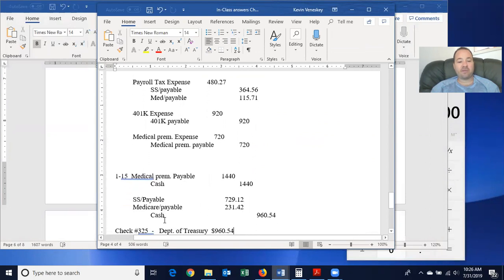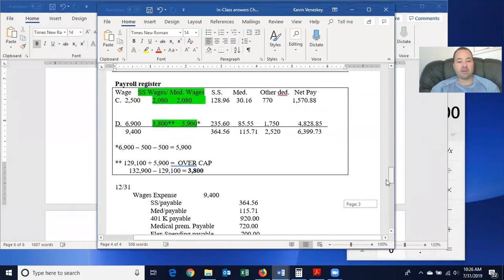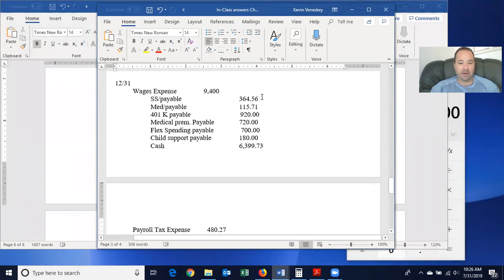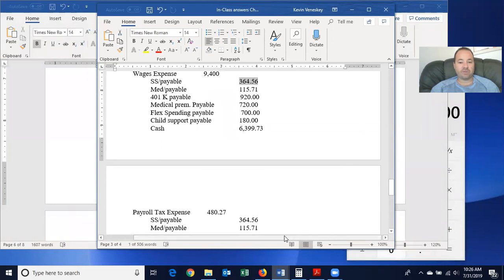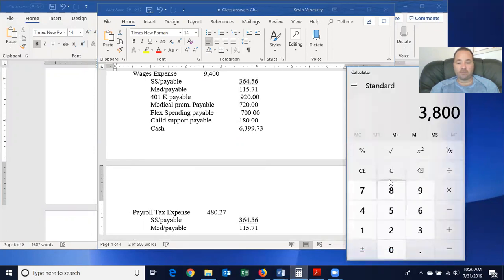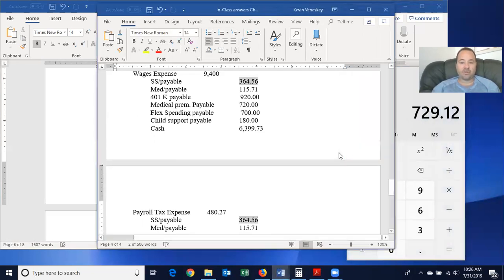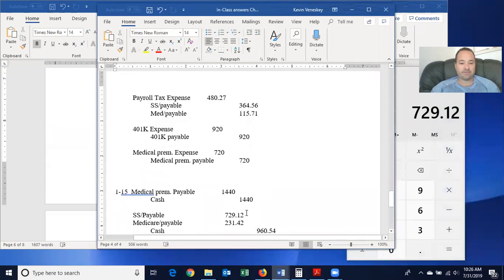And I'm going to do the same thing with Social Security and Medicare. I'm going to add up my two Social Security amounts, the 364 and the 364. If we add those two up, 364.56, and let's just take that times 2, 729.12. You can see that's where I got this number.